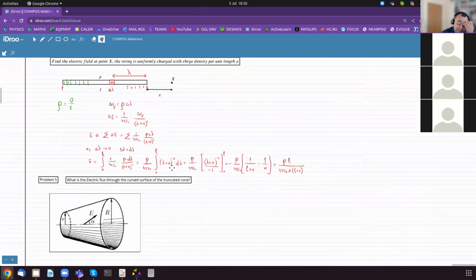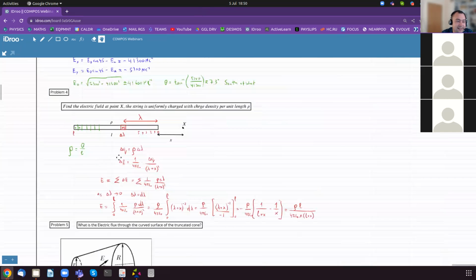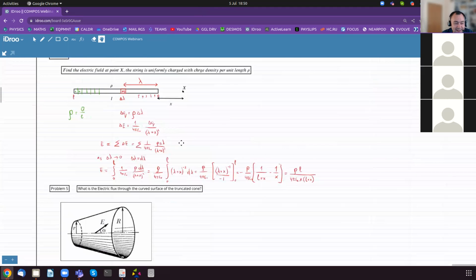We are approaching Gauss's law. So this, like problem 4, is roughly A-level physics, maybe a tad higher.